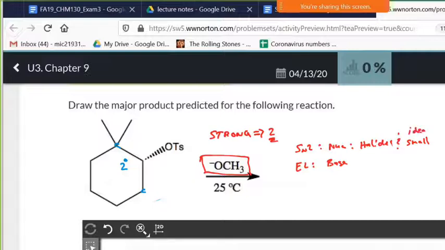We'll call it ideally small to act as a nucleophile. For our bases, it doesn't have to be small, but big is generally a red flag. Let me try that again. We're going to write generally.